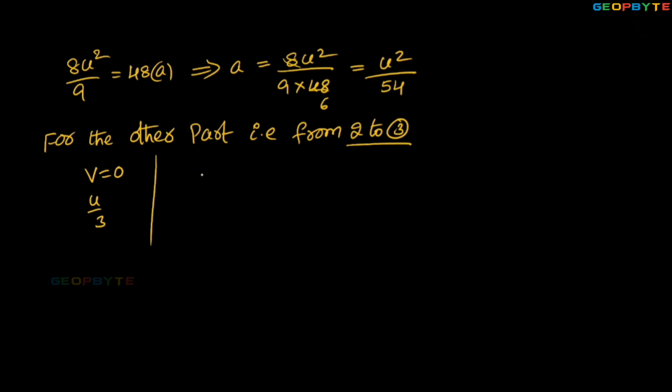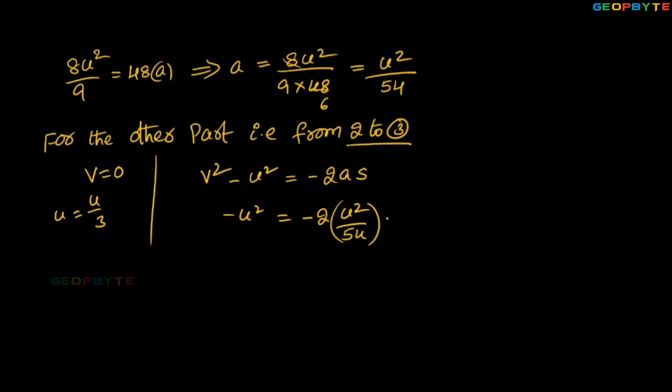Then again v square minus u square, this u being the initial velocity, equals minus 2as, because the velocity is decreasing. Minus (u by 3) square equals minus 2 into, look at the acceleration, u square by 54 into s. This negative sign is cancelled.